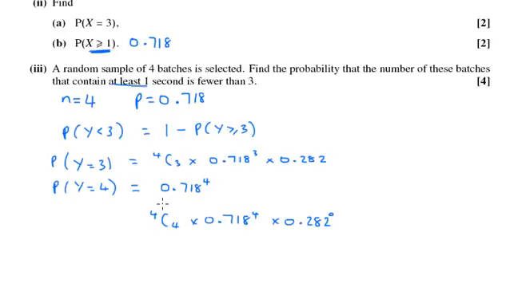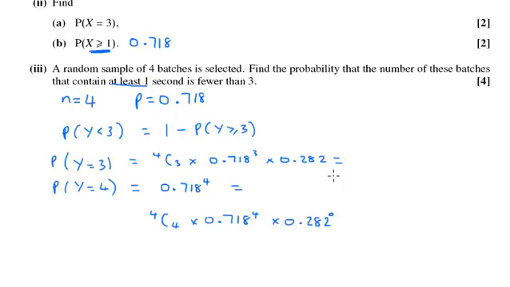So that's why I didn't need to write that down. I would have just written 1 times, didn't need that. And I didn't do the 0.282 to the power of 0 either. I just had this bit here, because 0.282 to the power of 0 is always 1. So it would be like me writing 0.718 to the power of 4 times 1 times 1. I didn't need to do that, so that's why I just wrote this bit down.